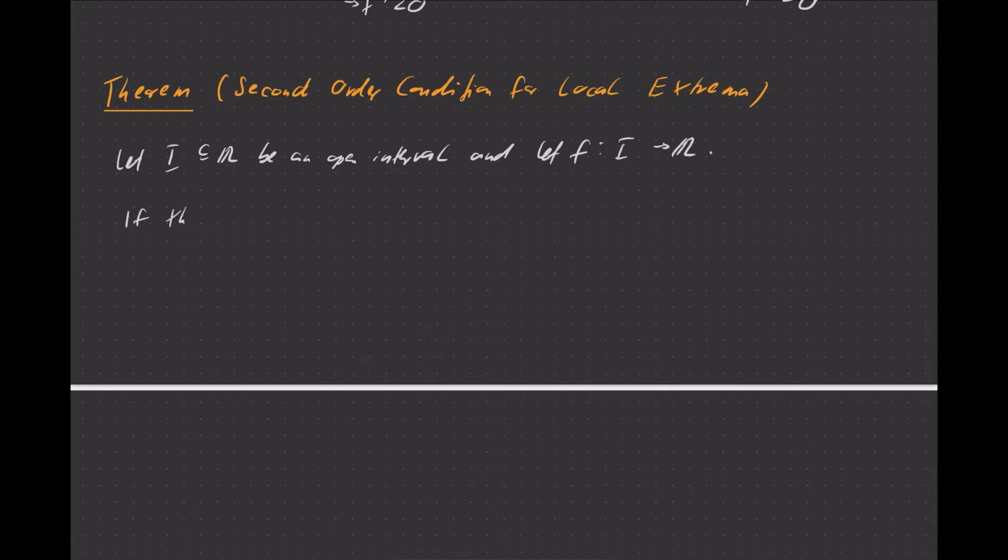So if there is a k, a natural number not equal to 1, but higher than 1, such that the following is true. What we want is f is k times differentiable in I.